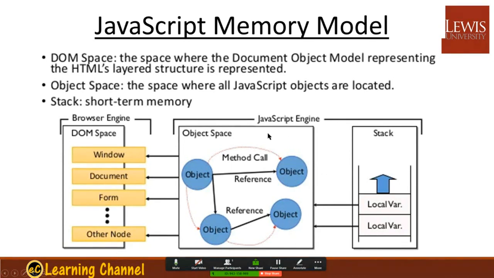And JavaScript, because it is a scripting language, has only one single event loop. Actually, it's not concurrent processing. It's just allowing single-thread processing. But here, this one is the JavaScript memory model, and it's only a web engine for the browser.